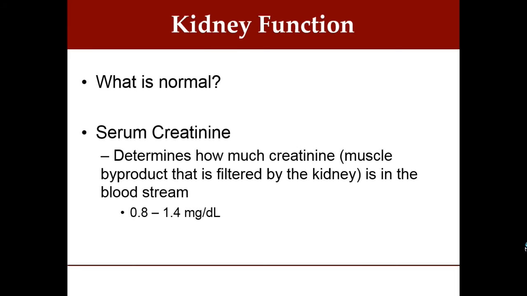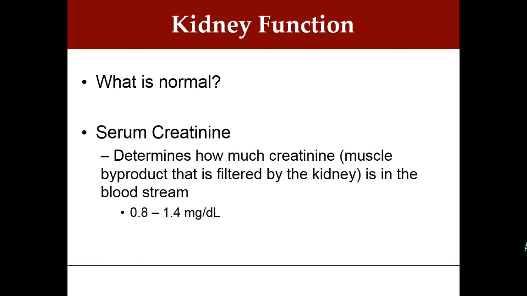One of the tests that your doctor may order to screen for kidney function is called the serum creatinine level. Creatinine is a byproduct of muscle that's filtered out by the kidney. So we can tell how well the kidney is working by testing how much of the creatinine is left over in the body. And that number ranges generally from 0.8 to 1.4 in most laboratory values.